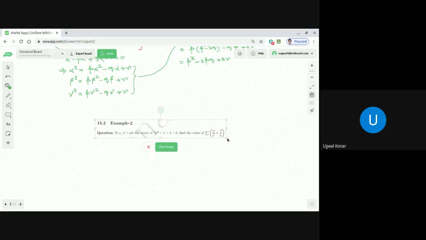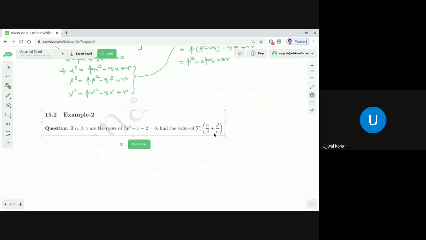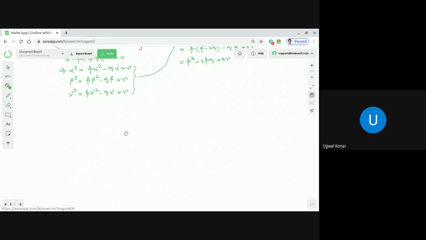Please take a couple of minutes to solve it. So the question here is that if alpha, beta, gamma are the roots of 7x cube minus x minus 2 equal to 0, find the value of the summation of alpha by beta plus beta by alpha.